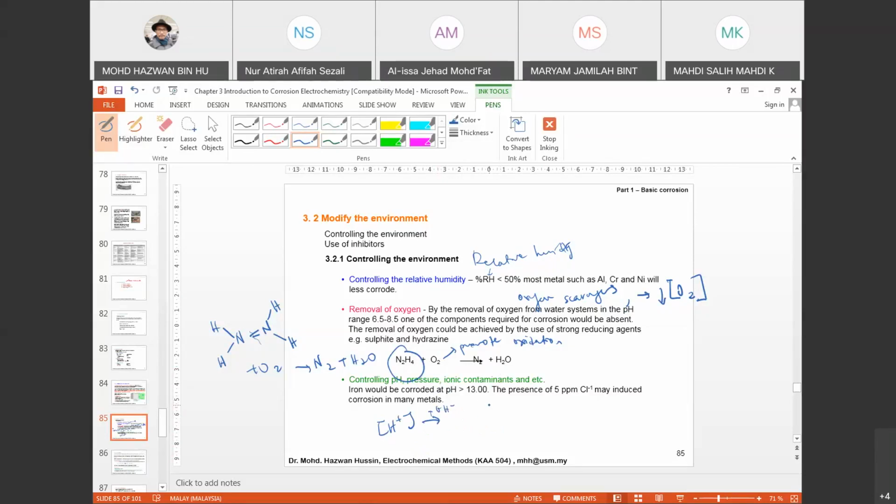Other than that, ionic contaminants like chloride can accelerate corrosion, so some people install a filtering aid or filtering column on their water supply so that all the ion contaminants can be eliminated.